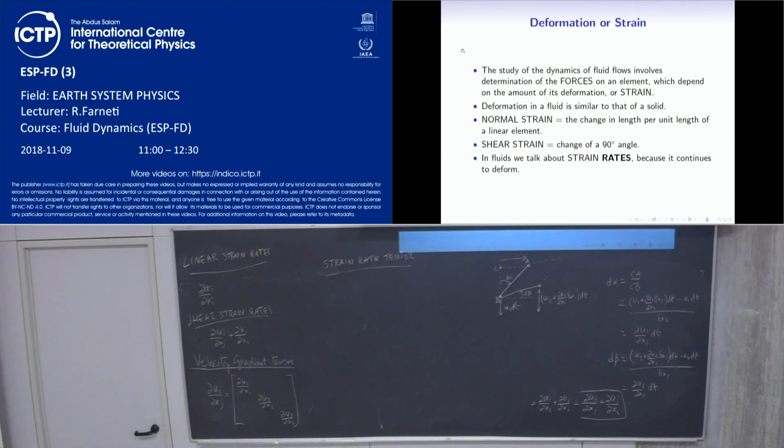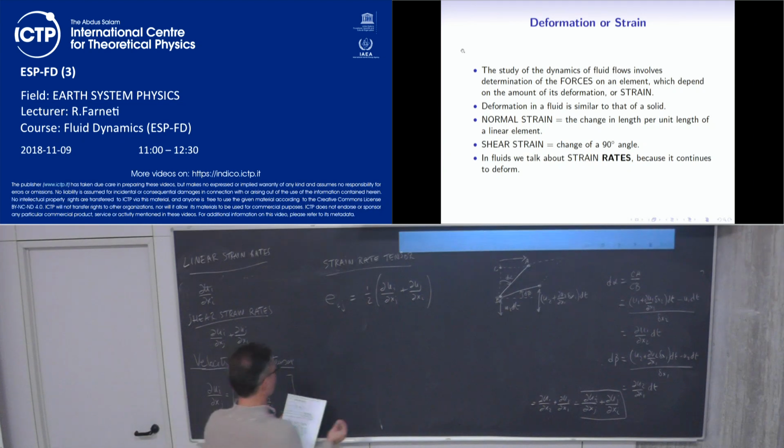Okay, and the strain rate tensor will have both the linear strain rates and the shear strain rates. Some of these components might be zero if there's no shear or if there's no linear strain. Okay? But we can define this tensor E, which is this. So this is going to be my strain rate tensor.